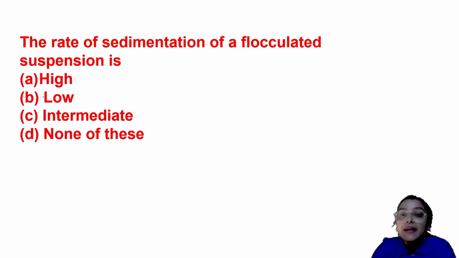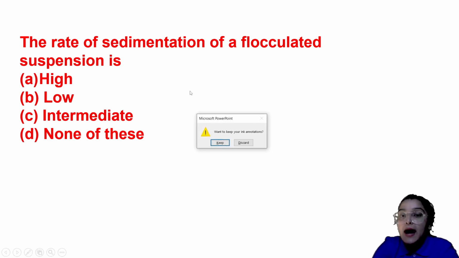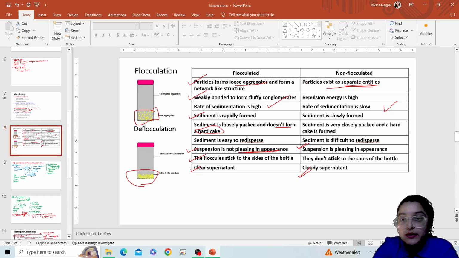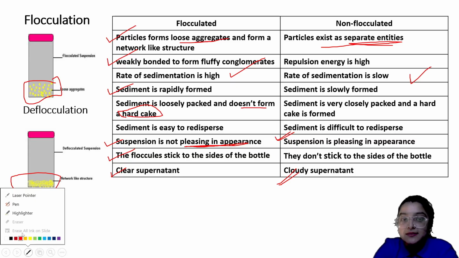Now, the rate of sedimentation of a flocculated suspension. This is an important topic. You have seen the difference between the flocculated suspension and the deflocculated ones. I'll be once again showing you that slide we have talked about. Yes, so you can see here, you should get the answer now.